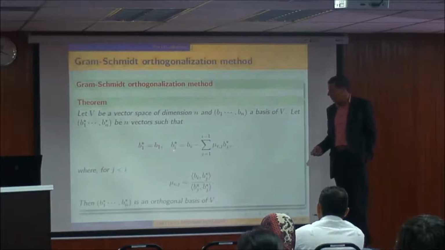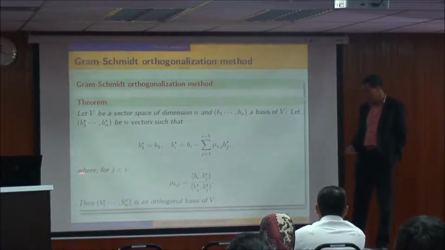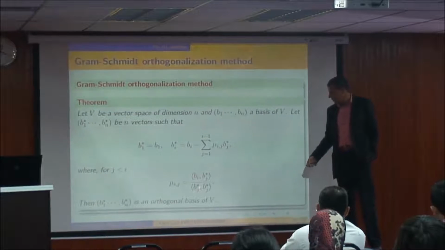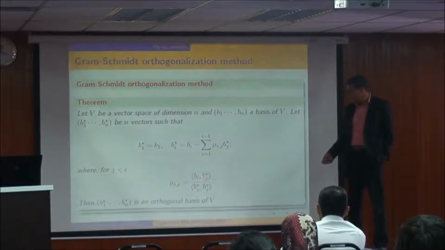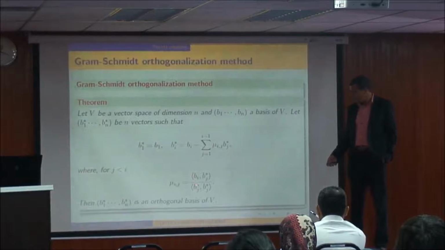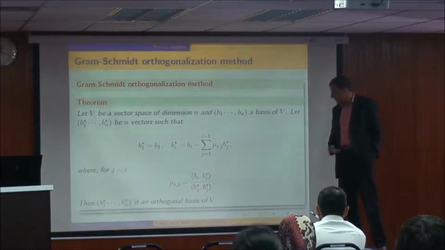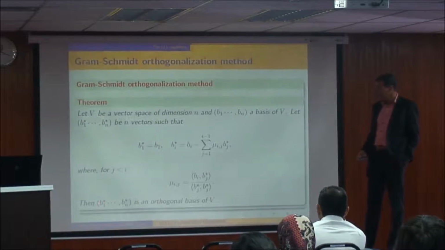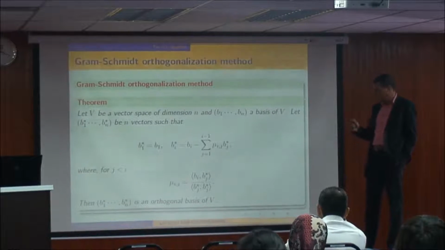B1 star is simply B1, and Bi star is Bi minus this sum, where the inner product of Bi and Bj star is divided by the norm of Bj star. So we find that B1 star to Bn star are orthogonal.